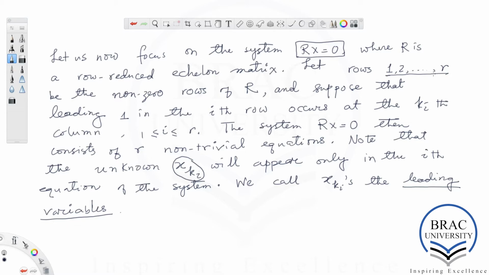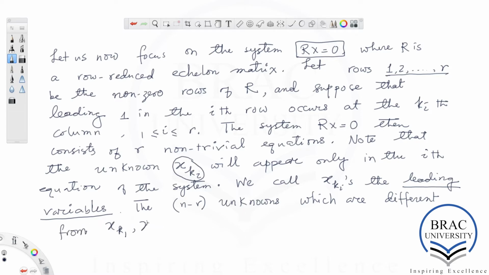Okay, so there were n unknowns altogether in the system, and the remaining n minus r unknowns, which are different from these leading variables x sub k1, x sub k2, all the way up to x sub kr, are denoted by u1, u2, all the way up to u sub n minus r.